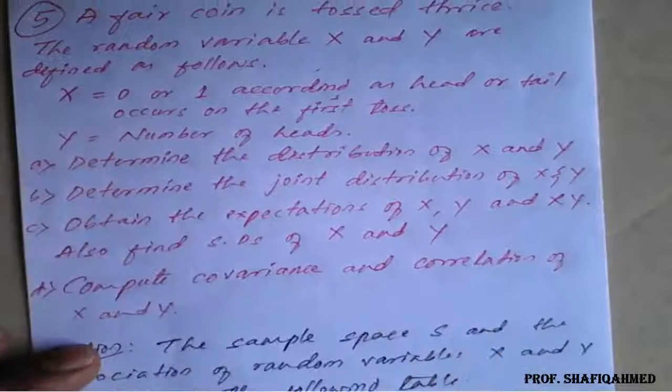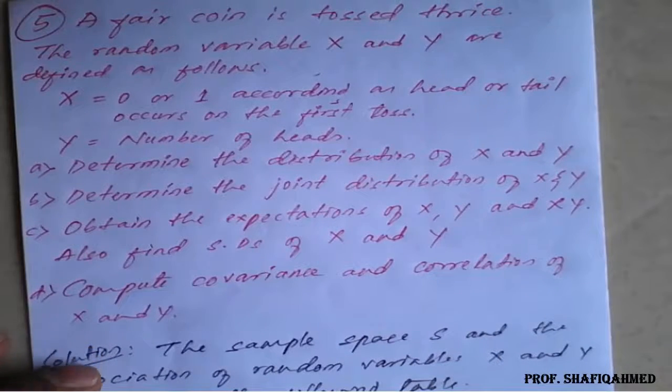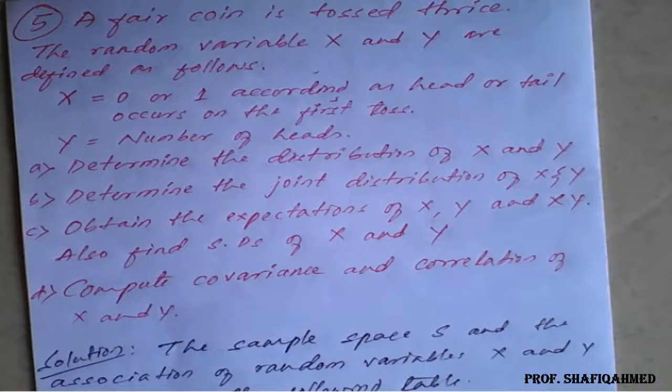When a fair coin is tossed thrice, X denotes 0 or 1 depending on whether the first toss is head or tail, and Y is the number of heads.